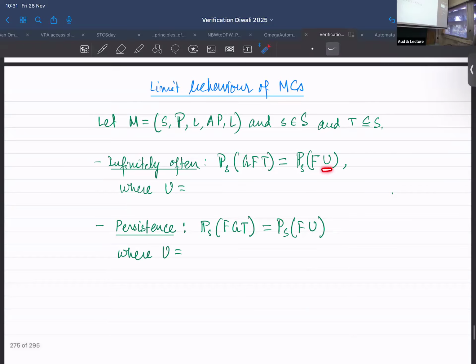So here is something I have written: it is the same as the probability of eventually reaching some U. What is this U?